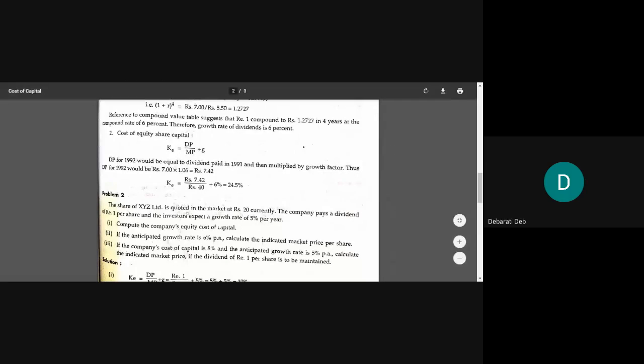Then you use the equity share capital formula that I have already given you, where there was growth rate, dividend per share divided by market price per share plus growth. That formula you use and tell me the cost of equity share capital.